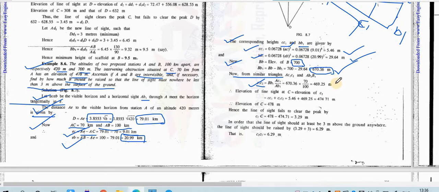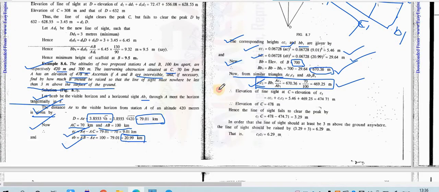We have bb1 value into what, ac1 divided by ab1. Here you can see that we have got all the values except cc1 cc2. So bb1 value, which we calculated, was 670.36. ac1, this value is known, the distance is 70. Similarly ab1, ab is 100. So cc1 can be calculated with the help of this similarity of triangle, which is coming out to be 469.25. Okay, so this is the height which we are getting in case of cc1.